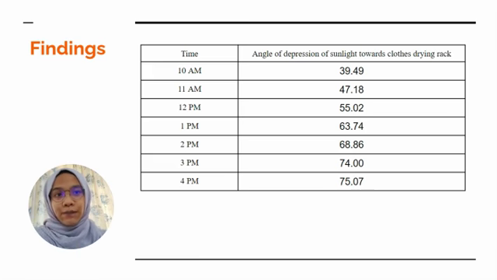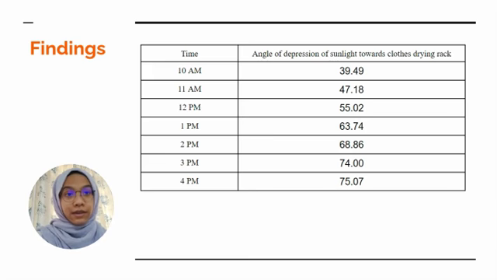At 1 p.m., the shadow decreased slightly, and it is about 74 centimeter. And using the calculation, we got 63.74 degrees. At 2 p.m., the length is now 58 centimeter, and using the calculation as well, we got 68.86 degrees.